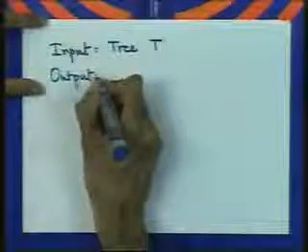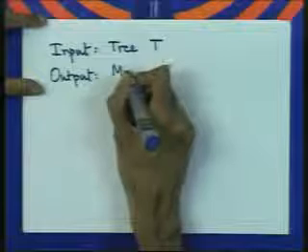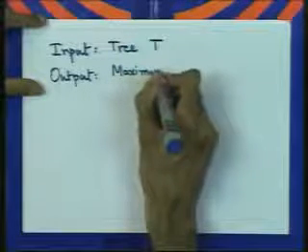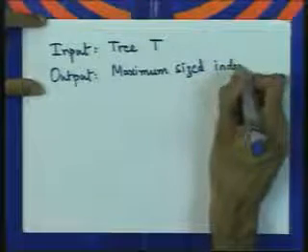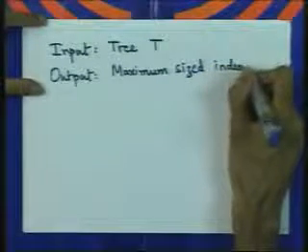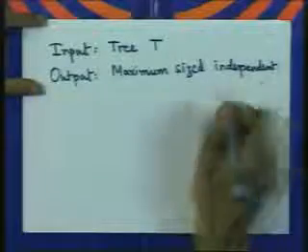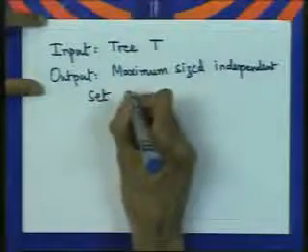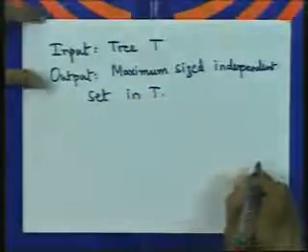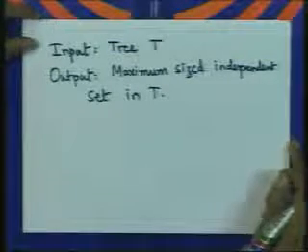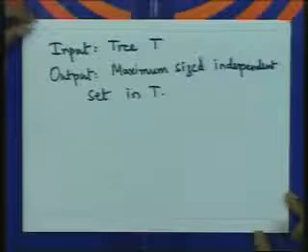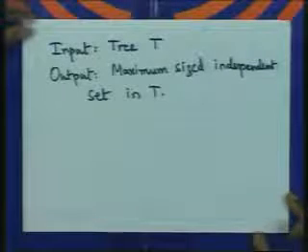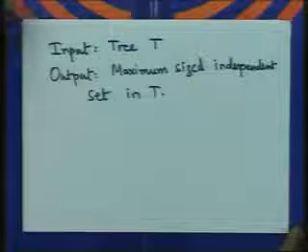As output I want a maximum sized independent set in T. I want a subset of the vertex set of maximum size so that there is no edge between any pair of them. So this is the problem we would like to solve.